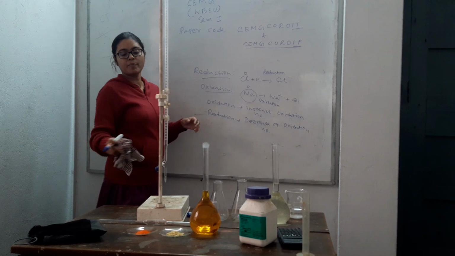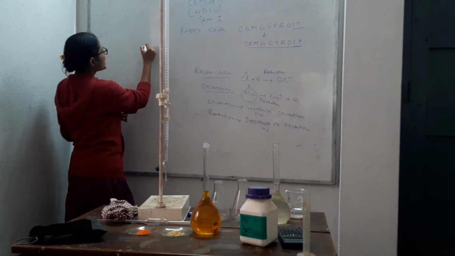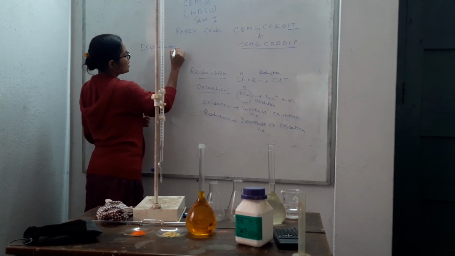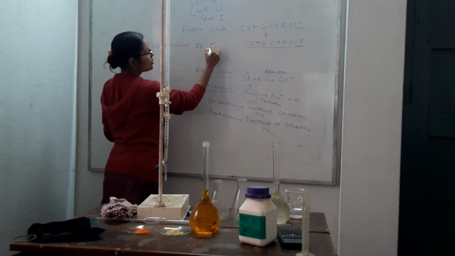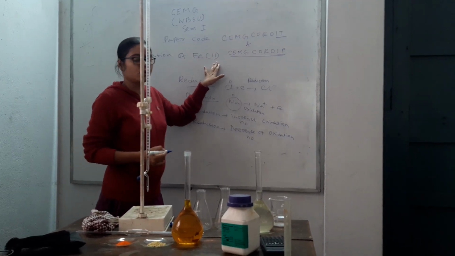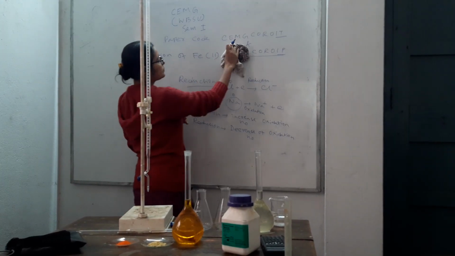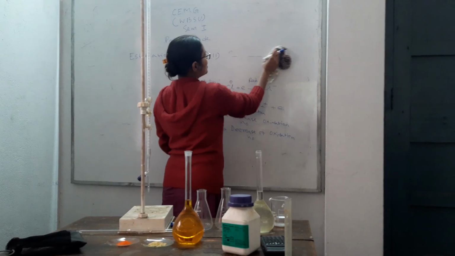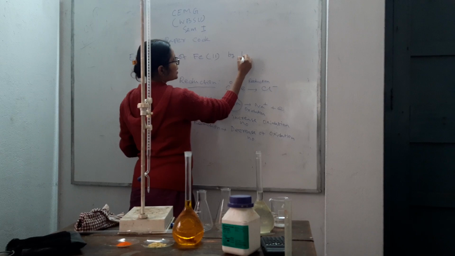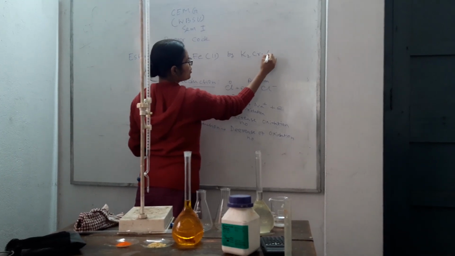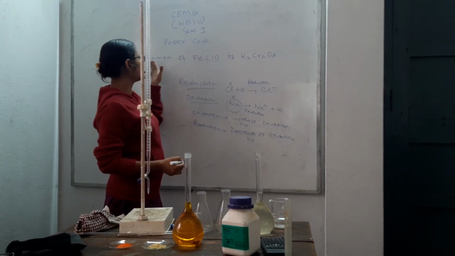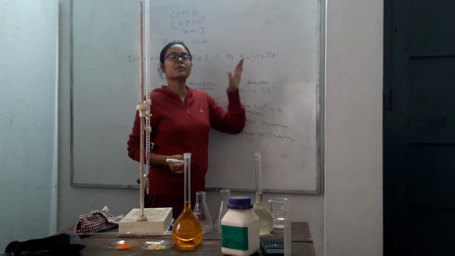The title of our practical is the estimation of iron 2 by K2Cr2O7, potassium dichromate.